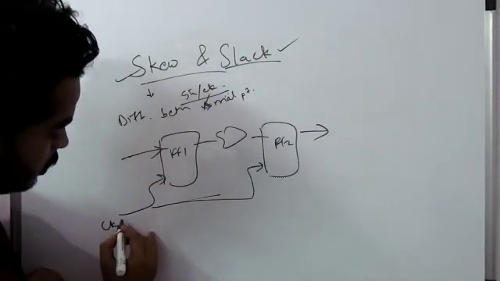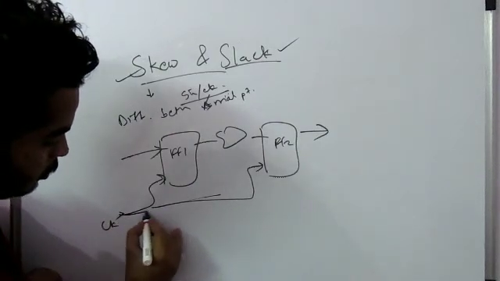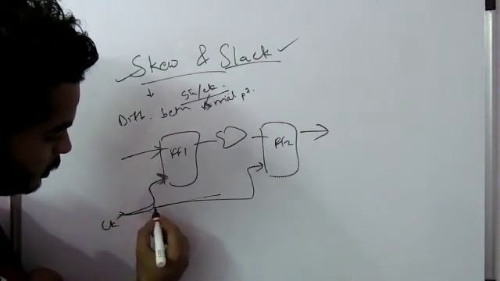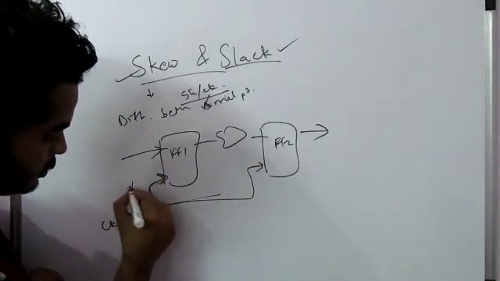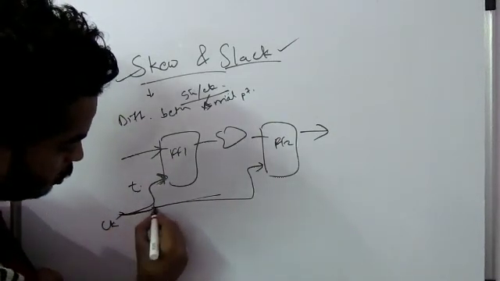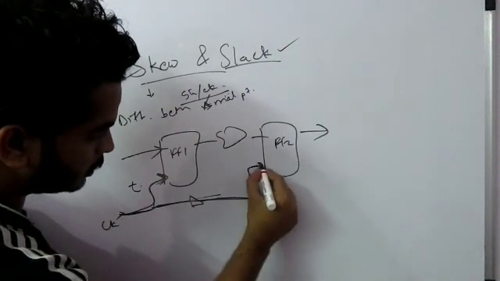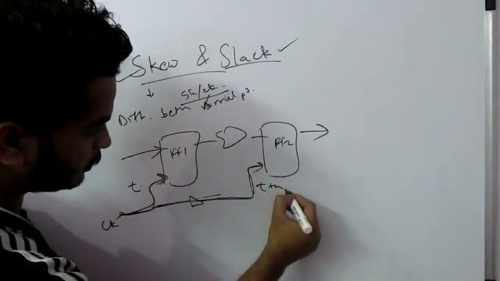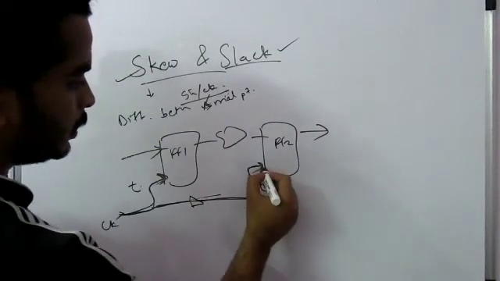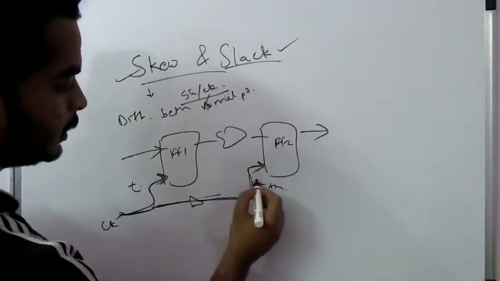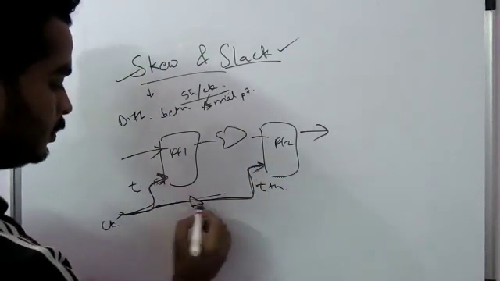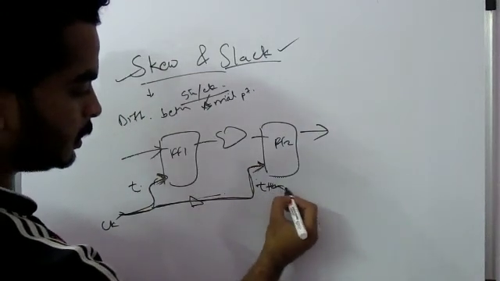If the clock is starting from this point, there will be some delay and the clock will be reaching here. Suppose this time is t. The clock would also be taking some time through this path, and considering it is the capturing flip-flop and it takes more delay than this one, it will be t plus n.